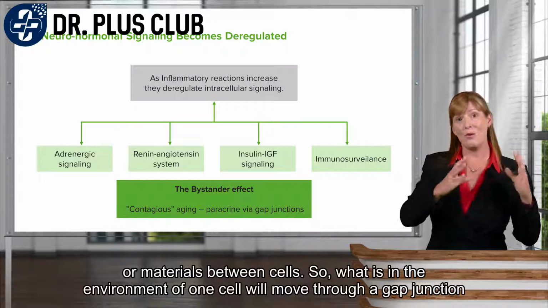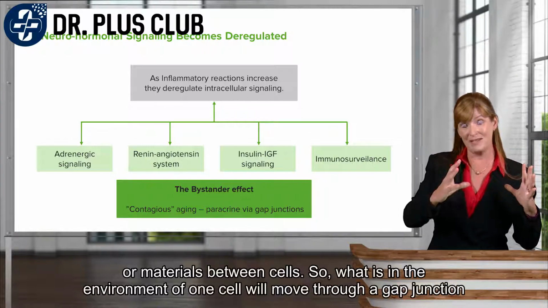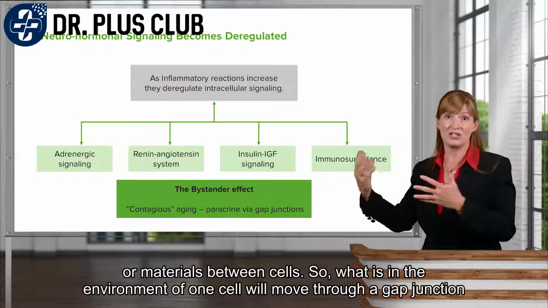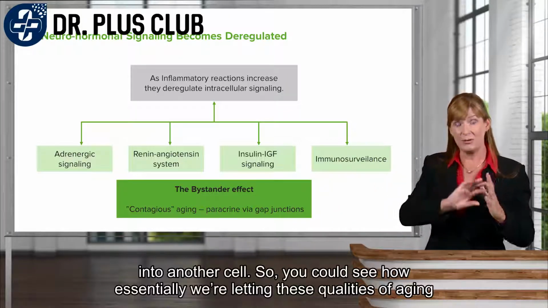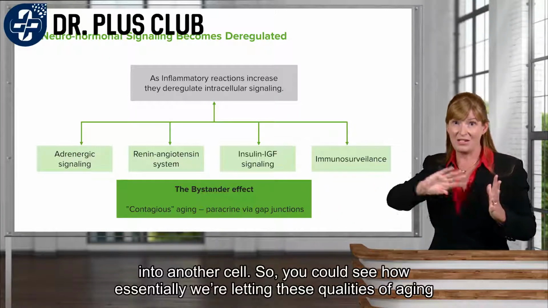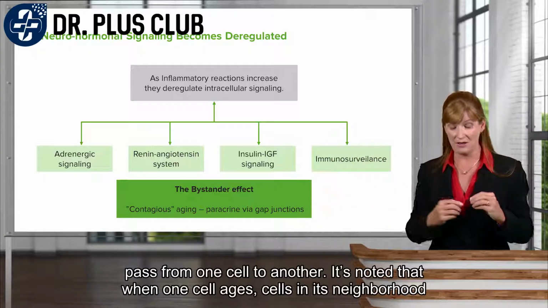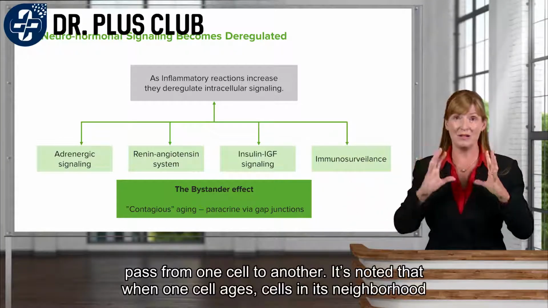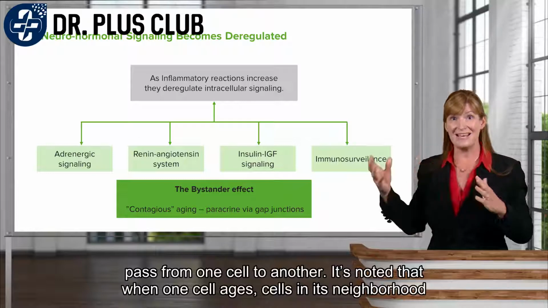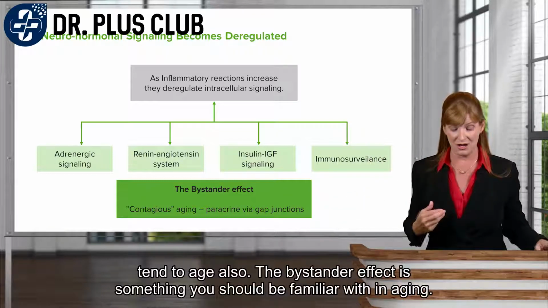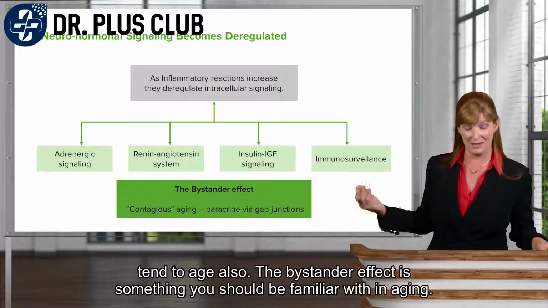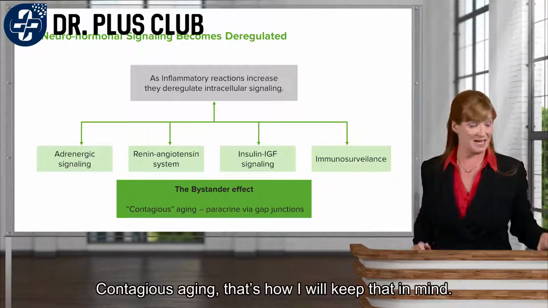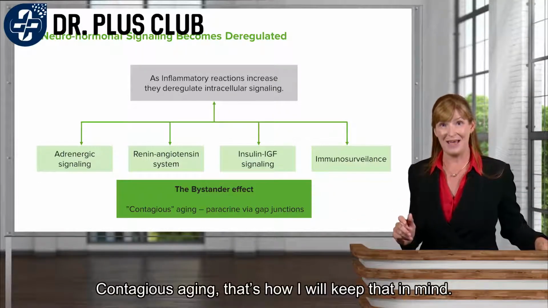And so what is in the environment of one cell will move through a gap junction into another cell. So you could see how essentially we're letting these qualities of aging pass from one cell to another. And it's noted that when one cell ages, cells in its neighborhood tend to age also. So the bystander effect is something you should be familiar with in aging, contagious aging. That's how I will keep that in mind.